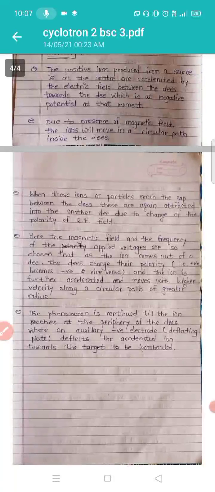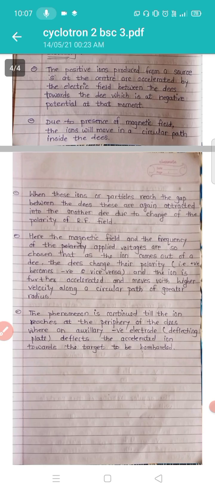Finally, when the particle has no more space to grow in radius, it is thrown out through a window. With such a high velocity, the particle has high energy and it hits the target. This is the working of the cyclotron.